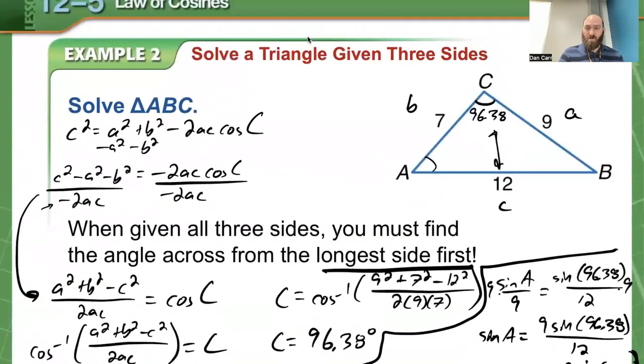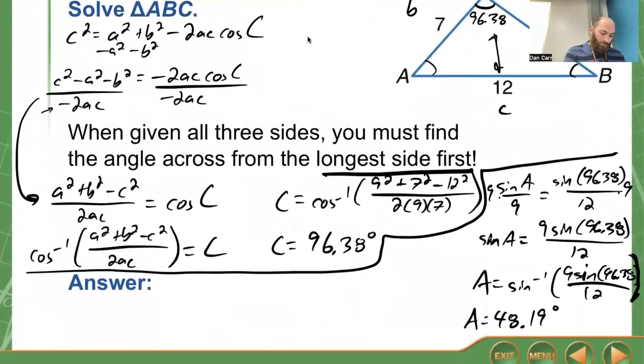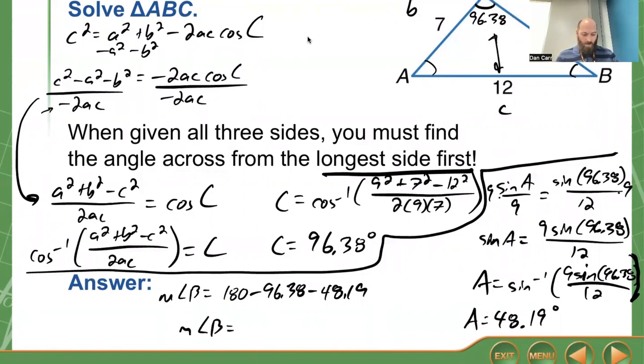And as always, since I'm dealing with a triangle, to find angle B, just take 180 minus all the other two. So the measure of angle B is 180 minus 96.38 minus 48.19, and I get 35.43 degrees.